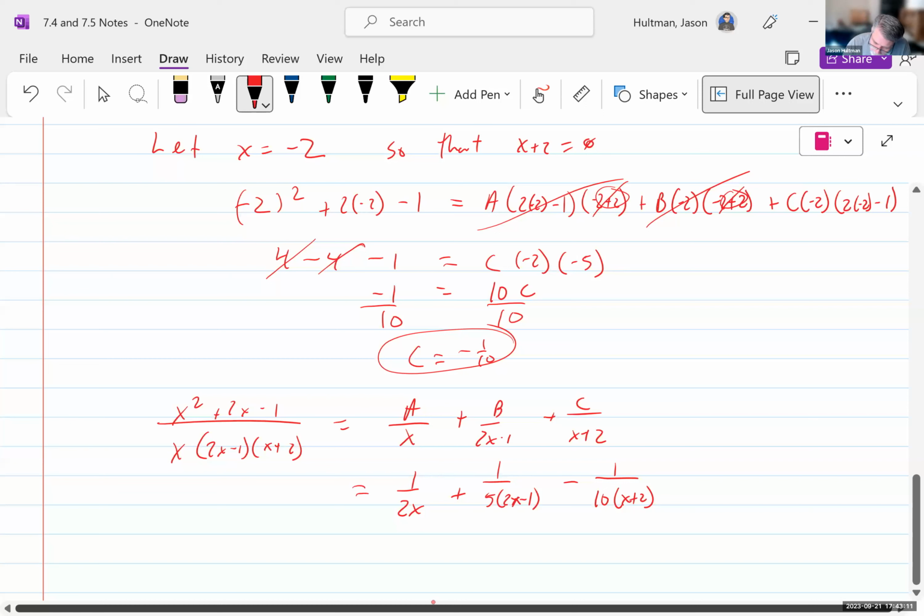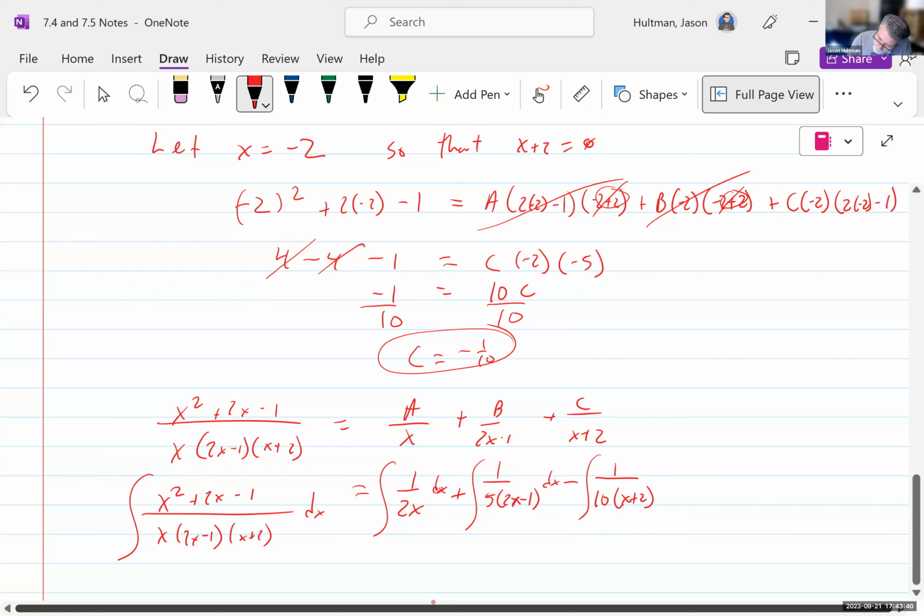Because again, the original idea here is I want to integrate this, right? I want to take the integral of x squared plus 2x minus 1 over x times 2x minus 1 times x plus 2 dx. And so now I can break this up into 3 separate integrals.